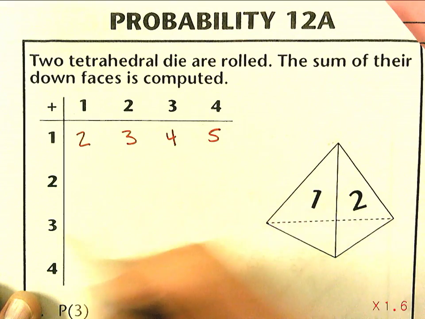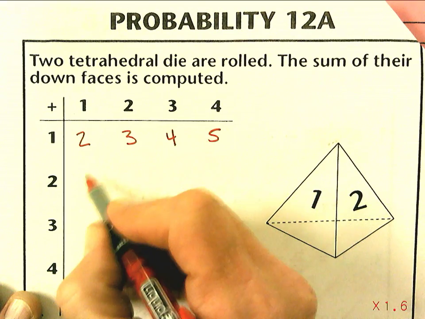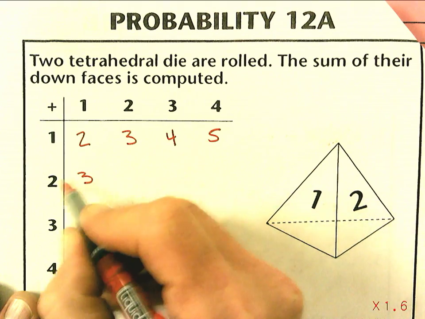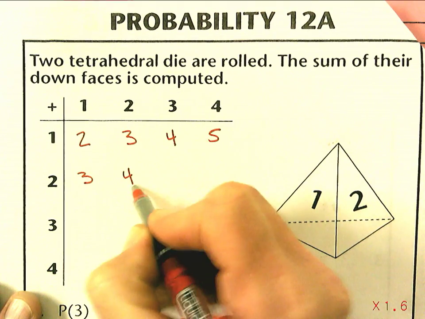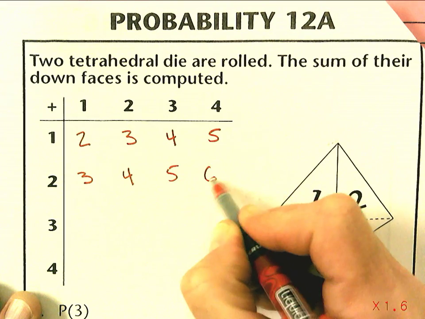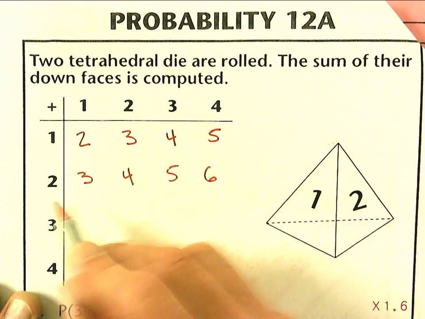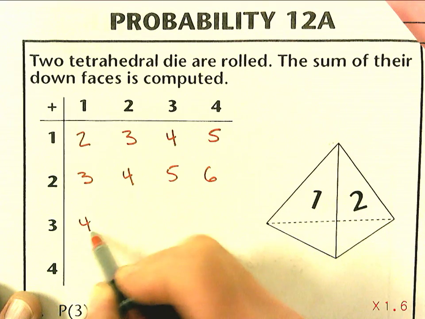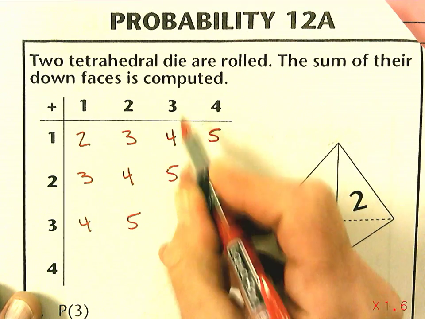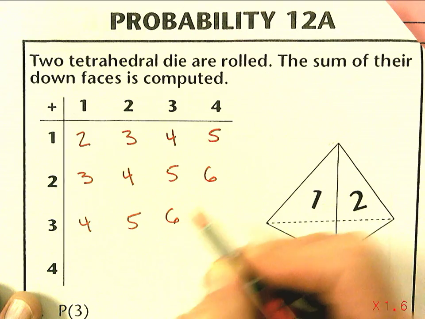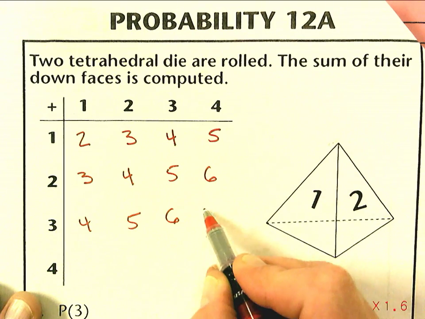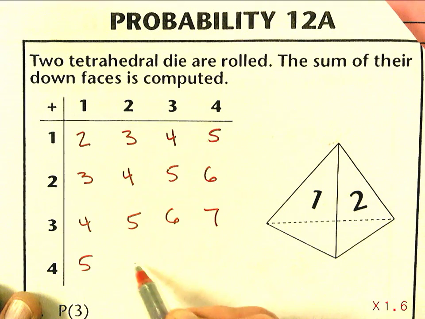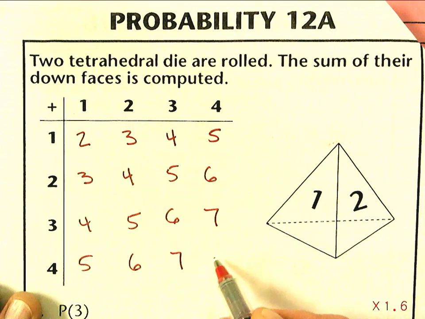You can see with four-sided dice we're not going to have as many different sums as we did with six-sided dice. 2 and 1 is 3, 2 and 2 is 4, 5, 6. Again, just following the pattern in the table. Going to speed things up a little bit. 3 and 1 is 4, 3 and 2 is 5, 3 and 3 is 6, 4 and 3 is 7, and then the last row, 5, 6, 7, and 8.